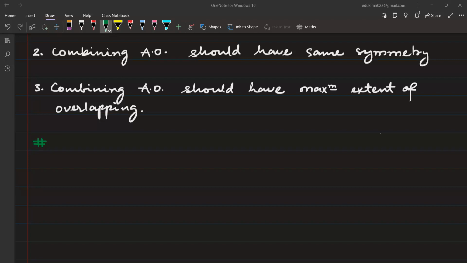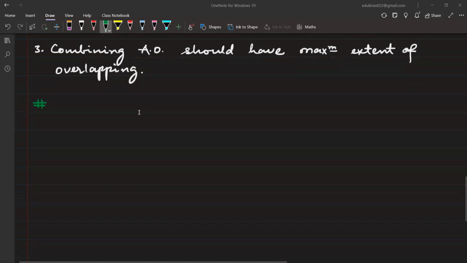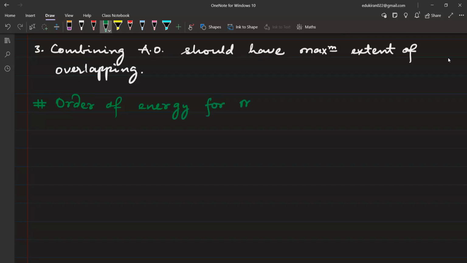Yes or no? Okay. So please write the order of energy for molecular orbitals.